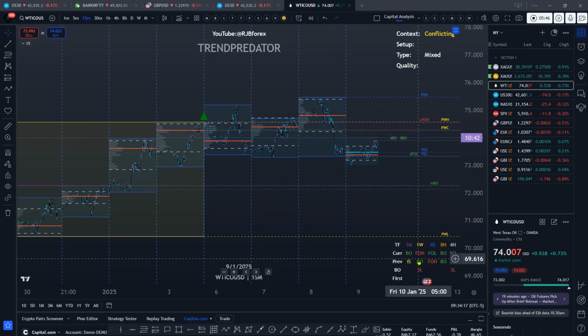So just to explain that, the monthly chart is broken out as bullish. The weekly chart is bearish because it's a fake out high. The daily chart is bullish because it's a fake out low. We're at 3 weeks of longs, so that's bearish. We're bearish on the weekly chart, but we're semi-bullish on the daily chart.